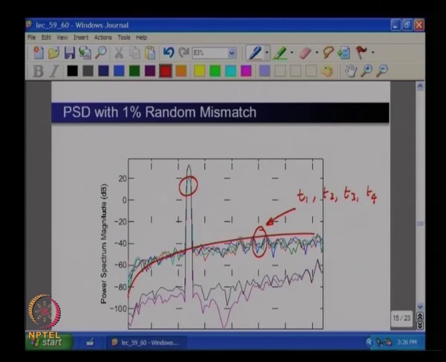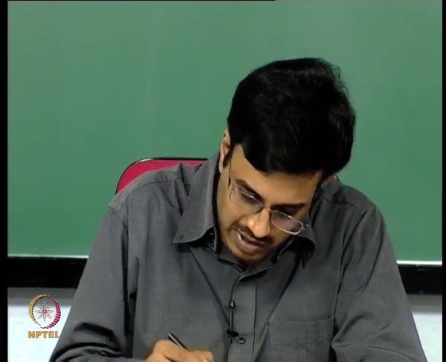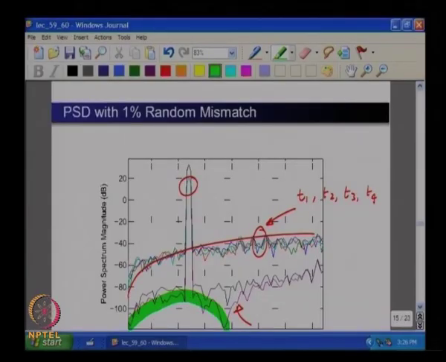The important thing is to note that this has a first order noise shaped spectrum. This is the spectrum when there is no mismatch, and that corresponds to the same NTF that we have been using for all our simulations.